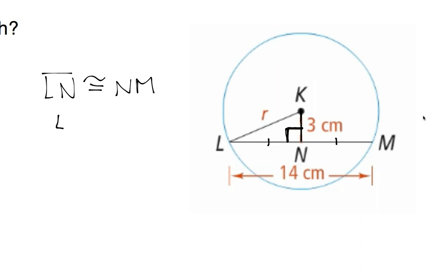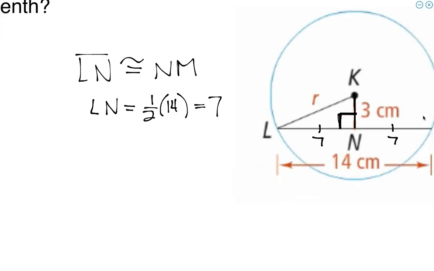So LN equals 1/2 of 14, which equals 7. And we have a distance away from the center, which is 3. And notice that we've created a right triangle.